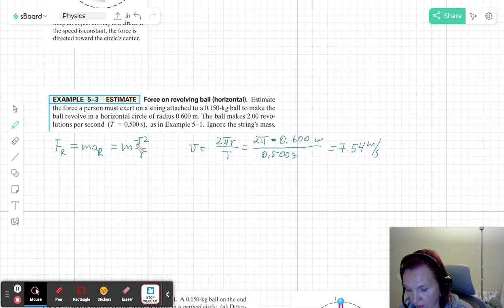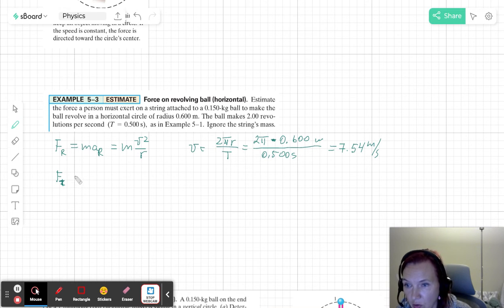And now we're ready to plug the velocity into our formula for the force. So Fr, or tension, we can call it Ft. Actually, I'm going to call it T, because we estimate the force that a person must exert on a string attached.